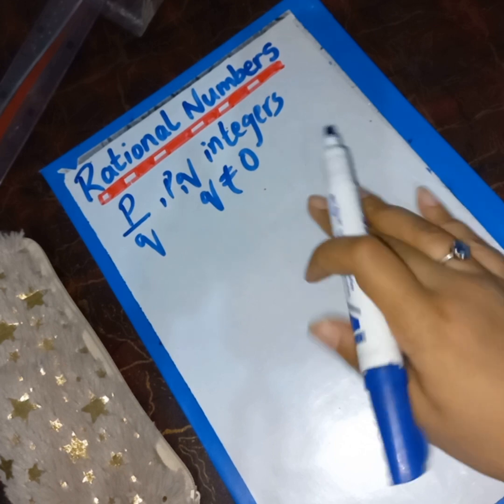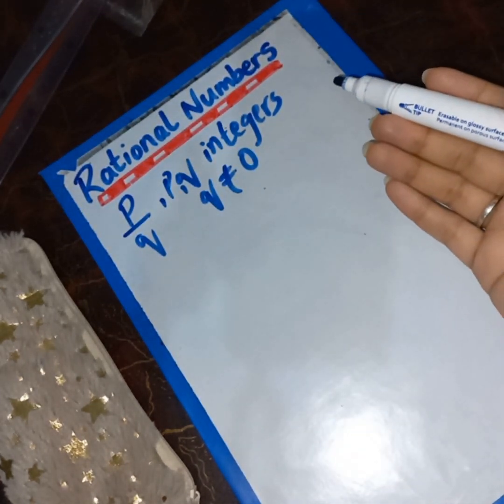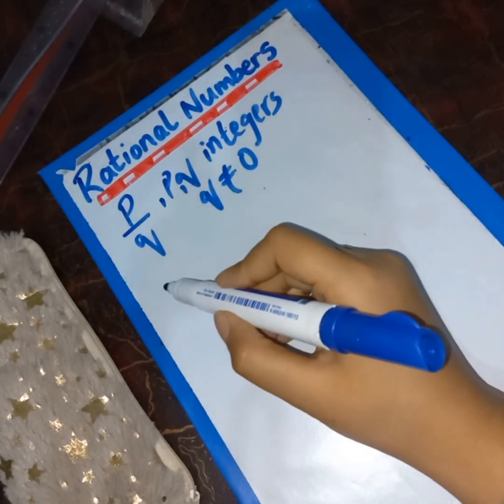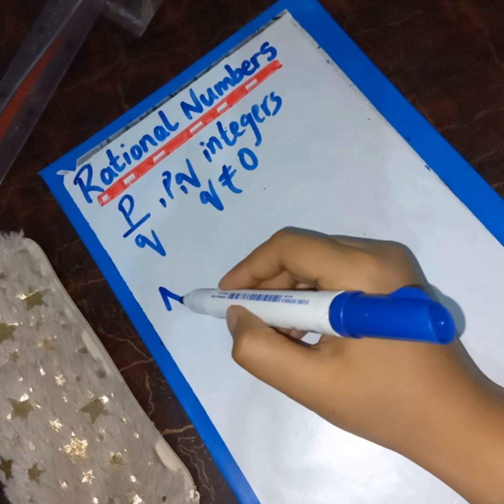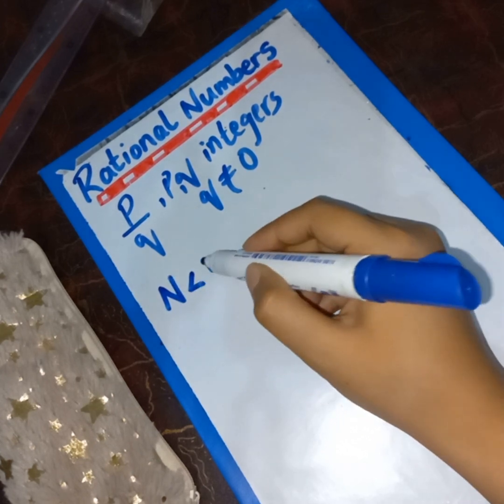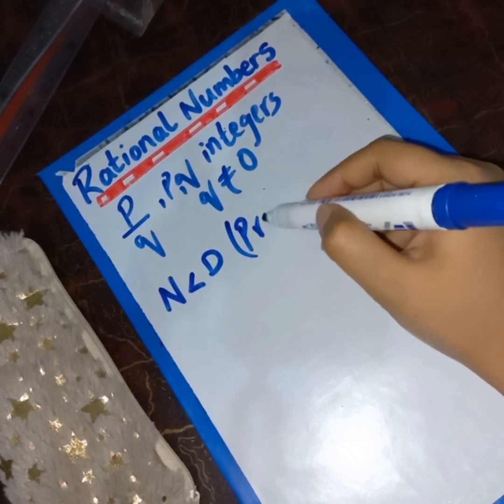On the number line, you can see on the left side we have negative numbers, on the right side we have positive numbers. A fraction where the numerator is less than the denominator is a proper fraction.